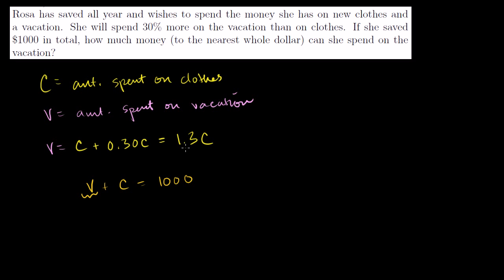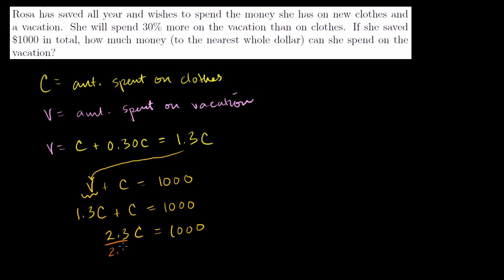The vacation is going to be 1.3 times the clothes. So we can substitute there. So you have 1.3 times the clothes, that's the vacation expenditure, plus the amount she spends on the clothes is equal to 1,000. This is 1.3 plus 1 is 2.3 times the amount she spends on clothes will be equal to $1,000.